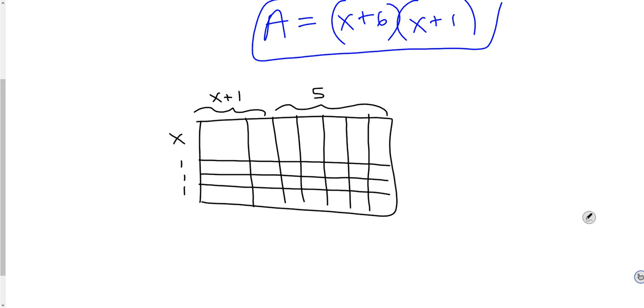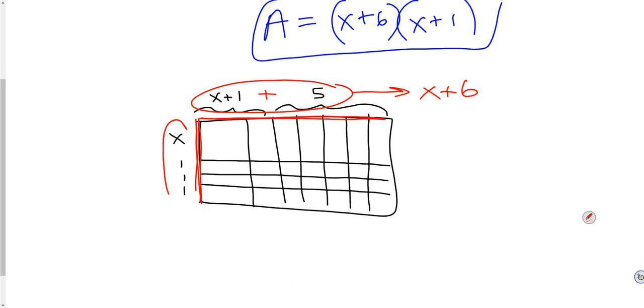Well, the way you find the area is you just take one side and multiply it by the other side. So really the rules don't change. But we need the entire side. So in order to find the entire side, you just got to add up all the pieces. So this side is really x plus 6.